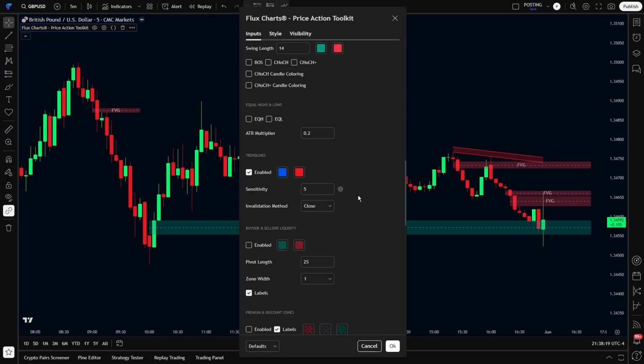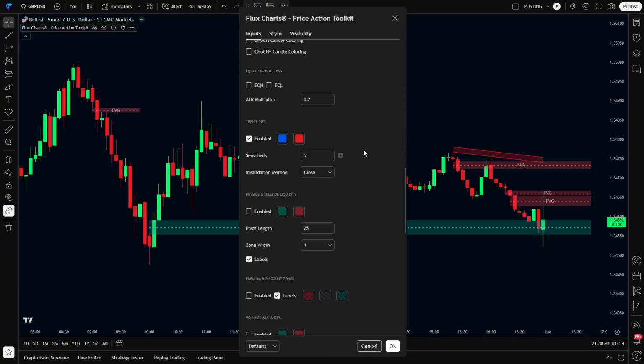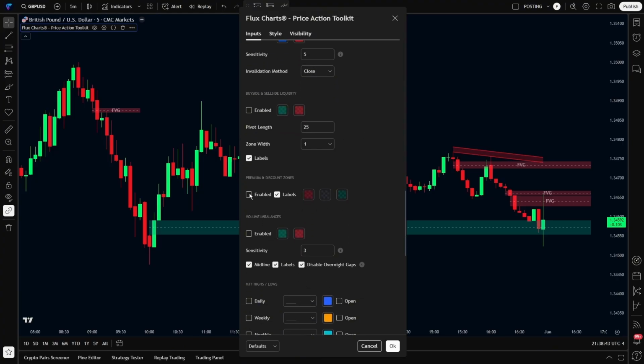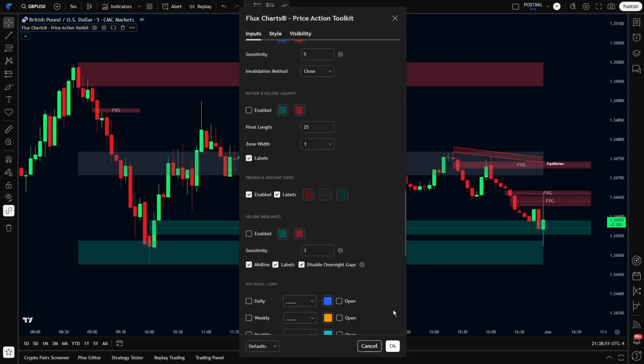So what I recommend to do is, if you're using the 30-minute time frame or anything lower than that, use a sensitivity of anything under 10. And then if you're using any time frame to trade higher than the 30-minute, I would use a sensitivity higher than 10. So after you've adjusted your sensitivity, scroll down and enable the premium and discount zones. And then you can click OK.